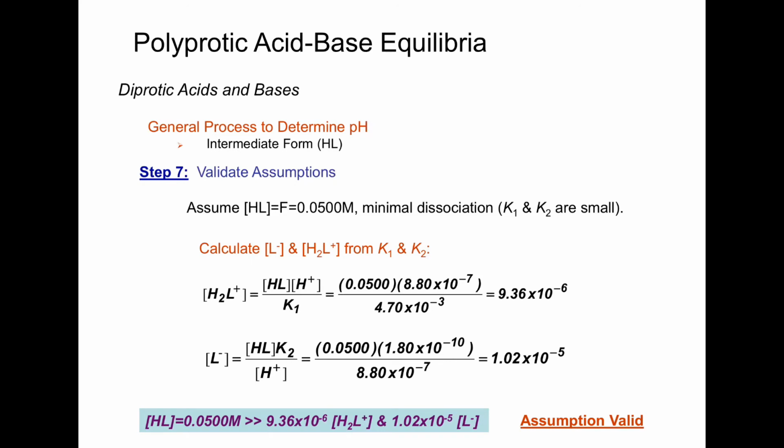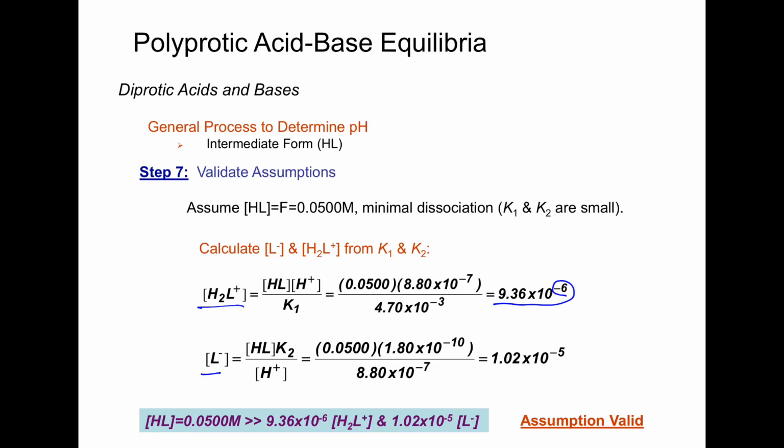All right, to do that, we can use the first K's in the reaction. So this is one of our equilibrium expressions that we had when we were talking about systematic treatment of equilibrium. It's just a rearranged form of K1 equals HL, H plus, over H2L. When we use this equation, we find that the concentration of H2L is about 9 times 10 to the negative 6.